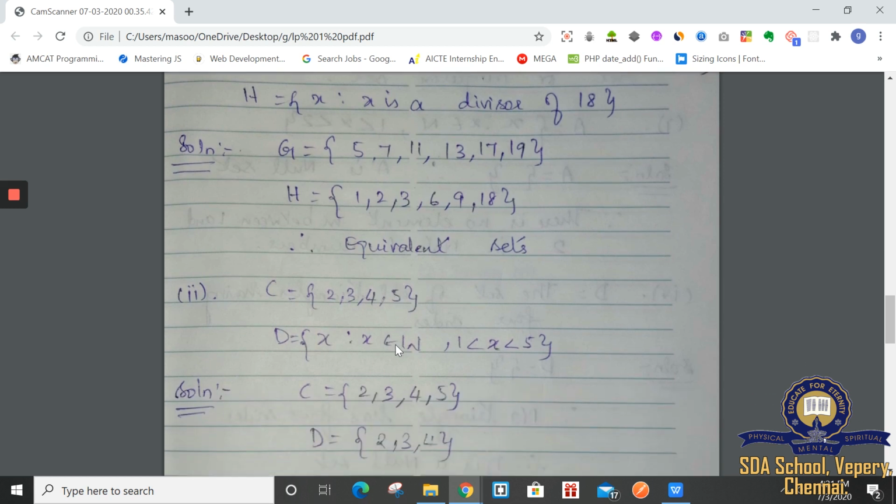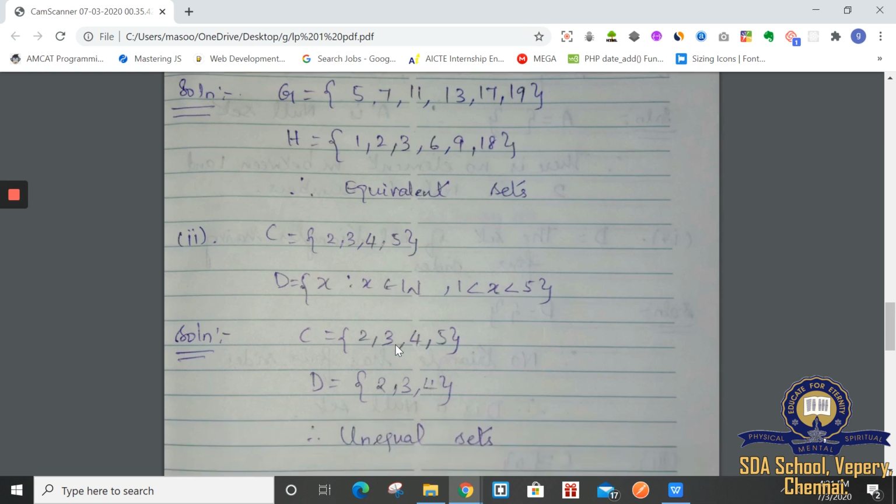Let's move on to another sum, subdivision two. C and D are given. C is already given in the roster form, whereas D is given in the set builder form. Let us convert D into the roster form. Now, what is given in D? x such that x belongs to W. W stands for whole numbers, and then they have also given x lies between 1 and 5.